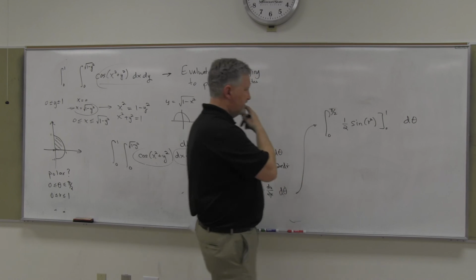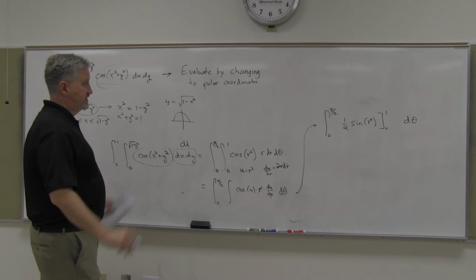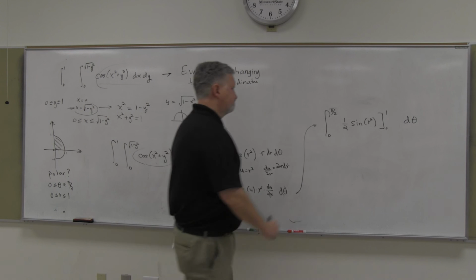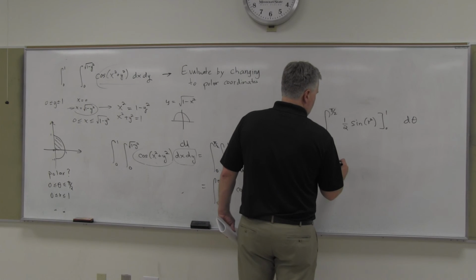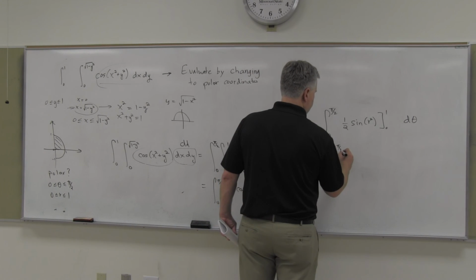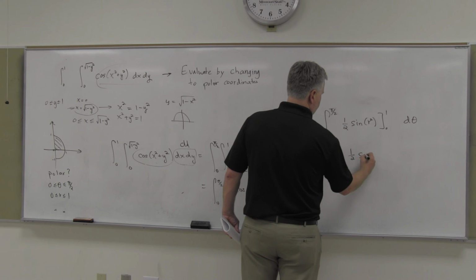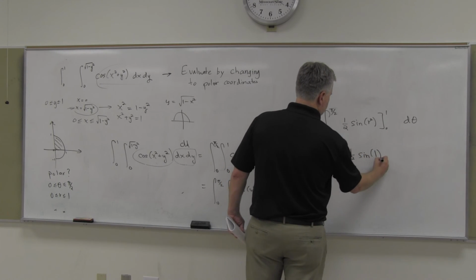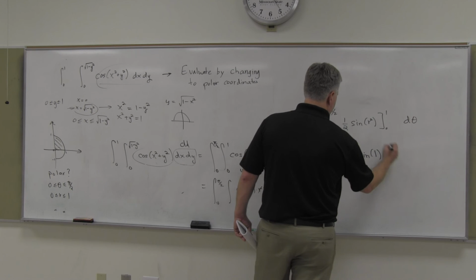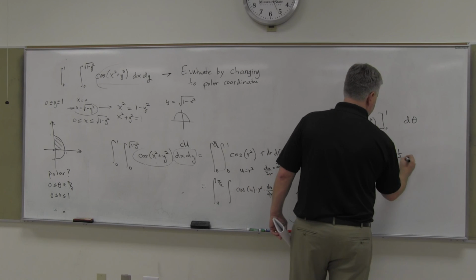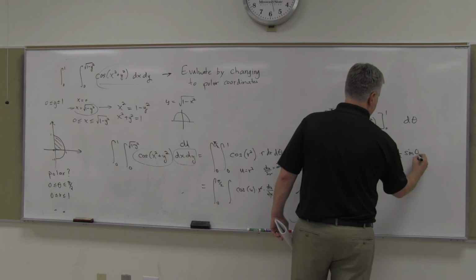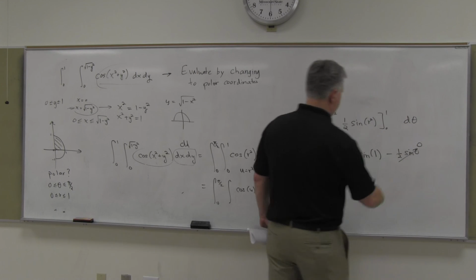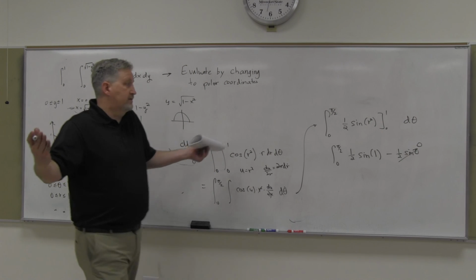And then we'll take care of the thetas next. So what do we got? 1/2 sine of 1 minus 1/2 sine of 0. Well, sine of 0 is 0. It's just 1/2 sine of 1 radian.